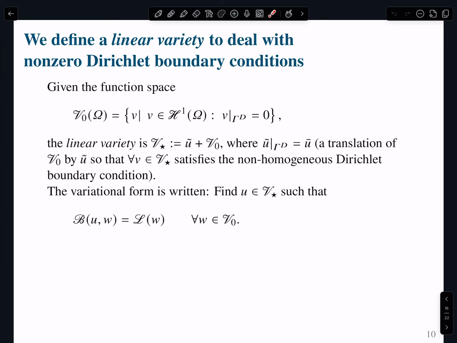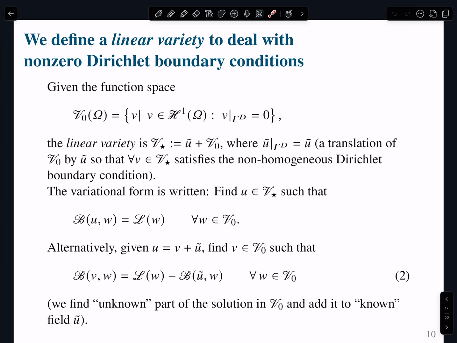And notice that here I have w's in V naught, and then I have u in the linear variety. So I am really taking things from different sets. And why is this important? Well, because now I can write the function that I'm interested in, the final function u, as this addition of two functions, v and u tilde.